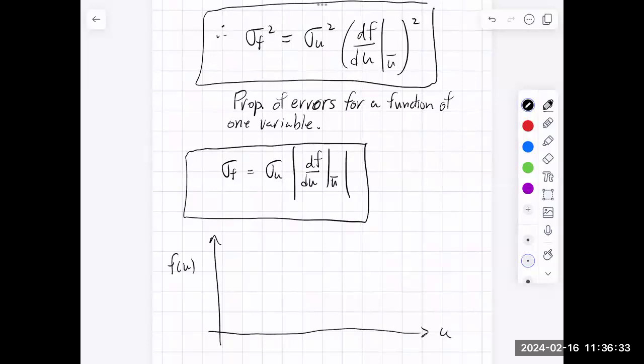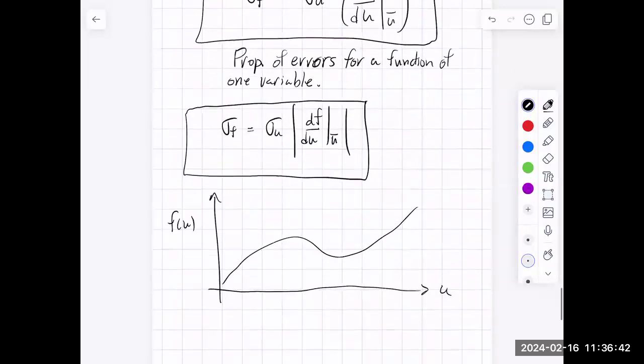I don't really care what this looks like. It could be complicated, arbitrary, whatever you want it to be. So let's suppose that you did your experiment, and what you are actually going to measure is u a whole bunch of times. You make all these measurements of u and then you find the average value and it sits right here. So there's u bar.